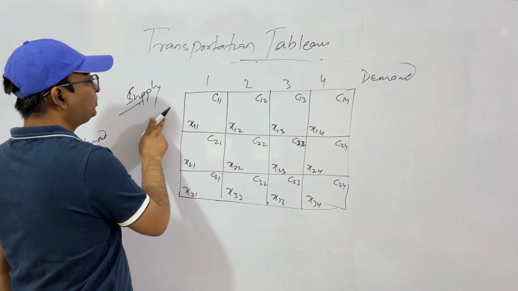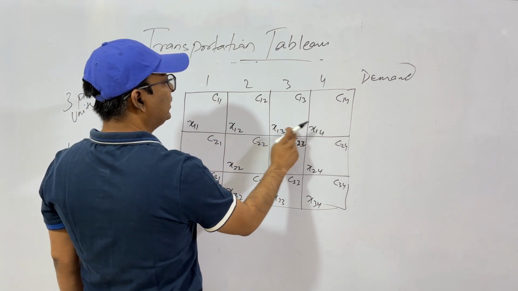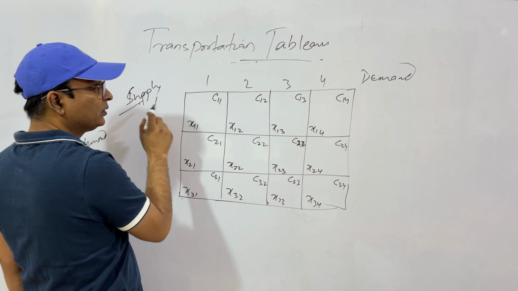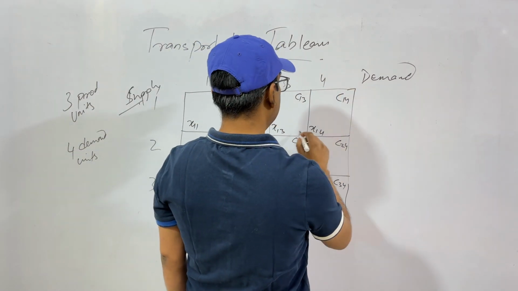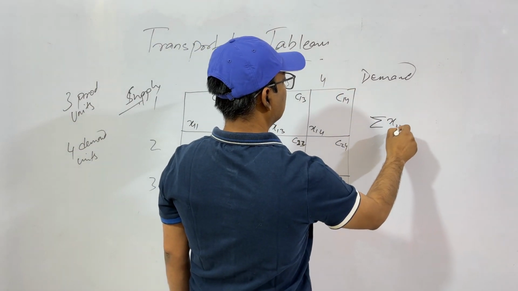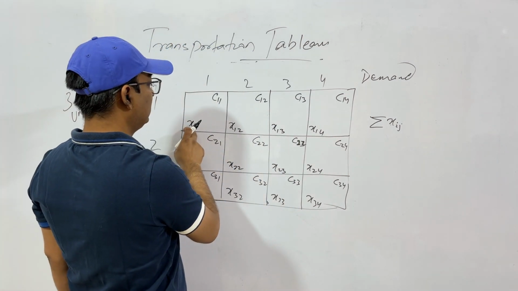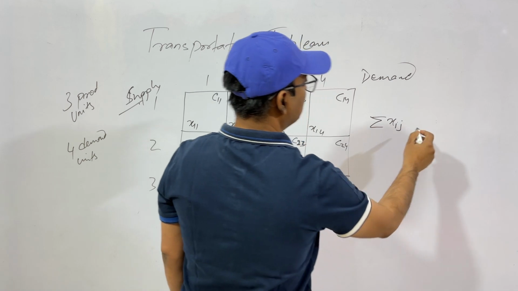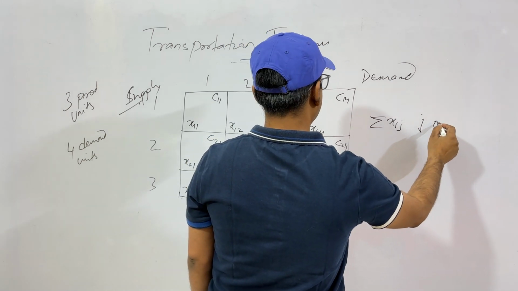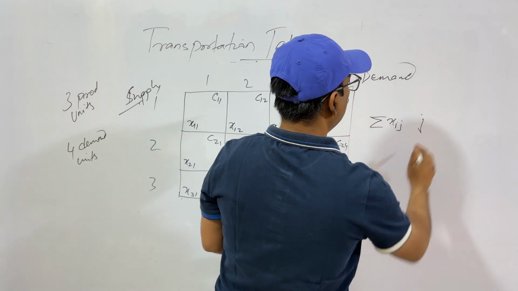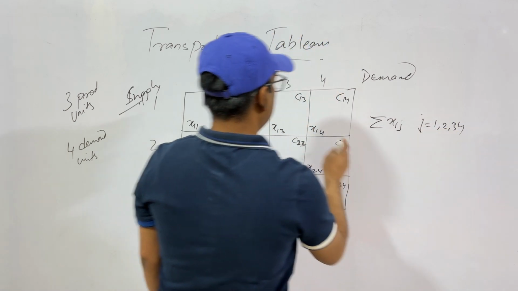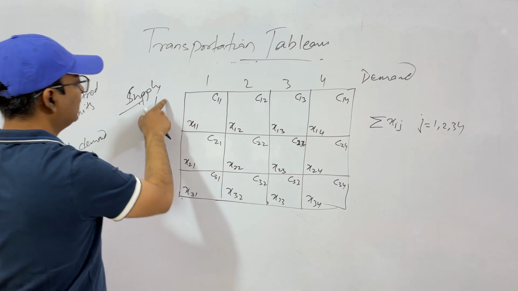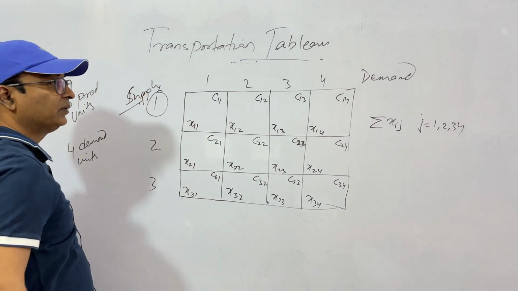Similarly for everyone. Now, these are the supply units, and there's a limit to what each unit can produce. So here we write the summation of x1j, where j will be 1, 2, 3, 4. That is x11, x12, x13, x14. If you add them all, you will get the number of units that this supply unit can produce.